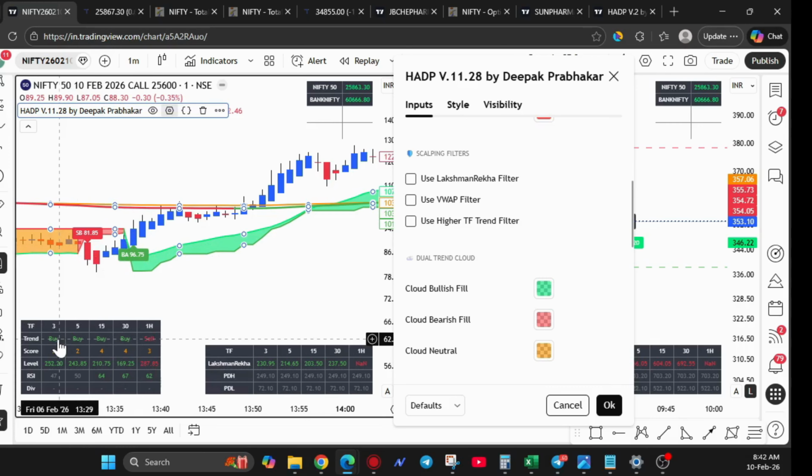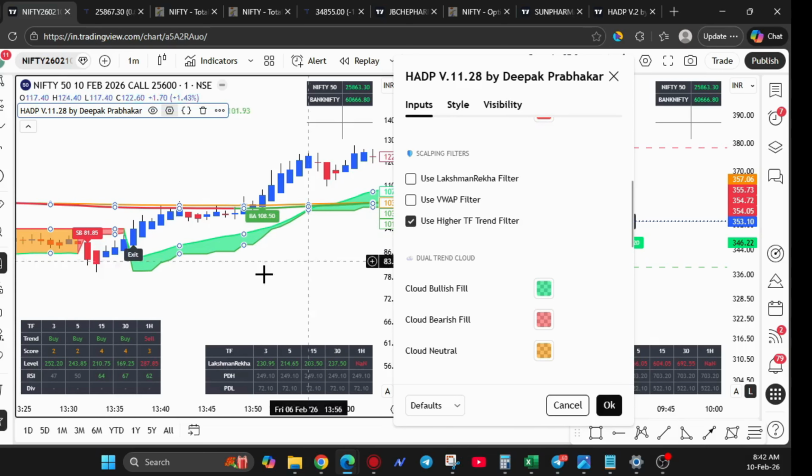So the 1 minute is aligning with its parent. It's always safe for a child to hold the parent's finger and walk, right? So it is like that. It is alignment with your parent candle. Now let us try to switch this on, and you see that vanished, right?